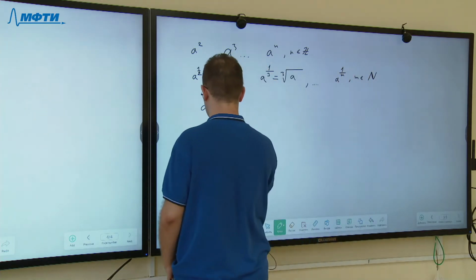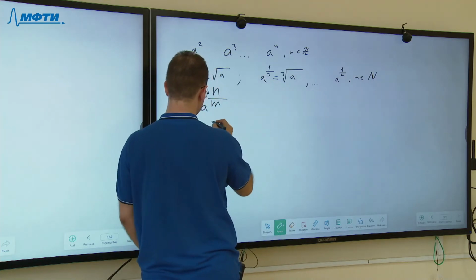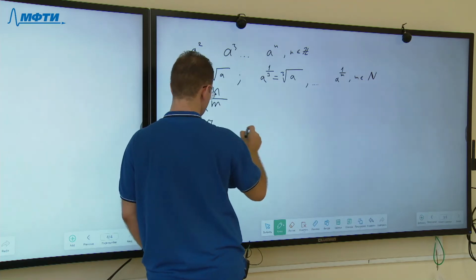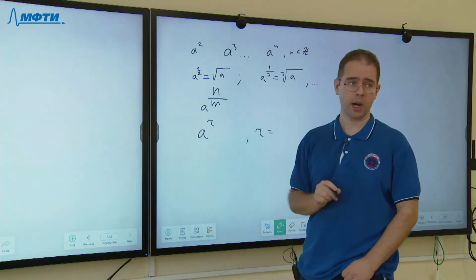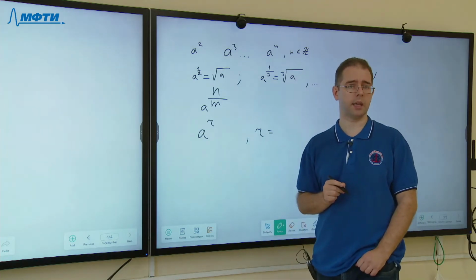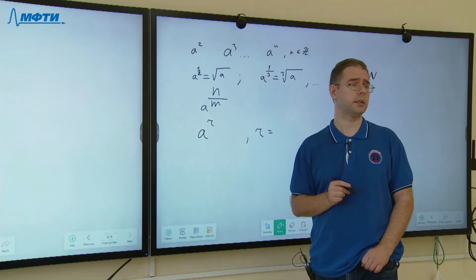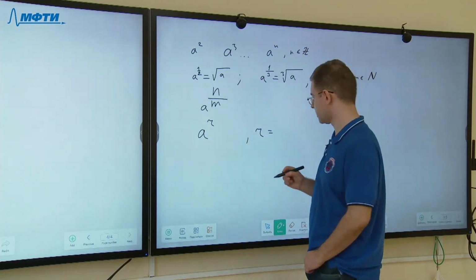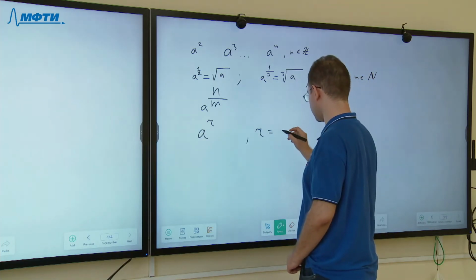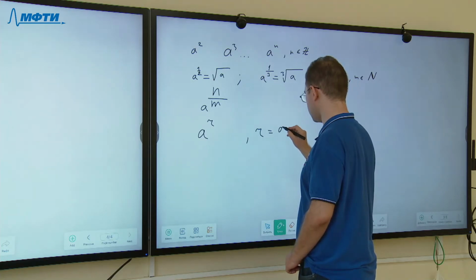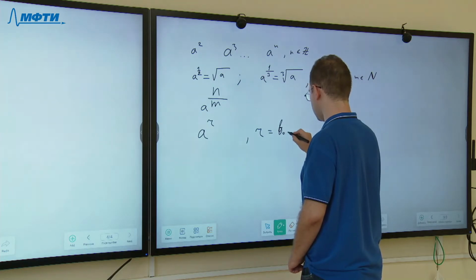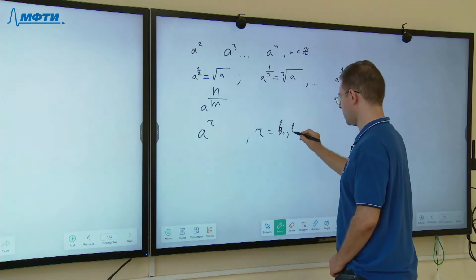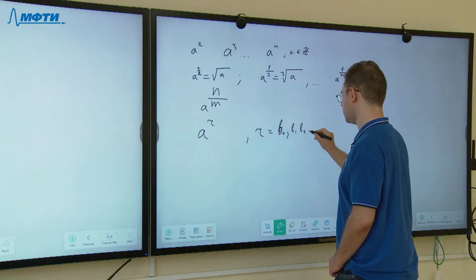Whatever. I want to raise a to power r, where r is a real number. I will denote it as an infinite decimal. So this would be, let's call it, b0, comma, b1, b2, and so on.